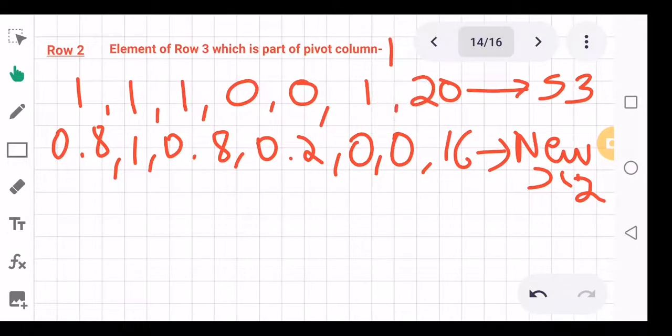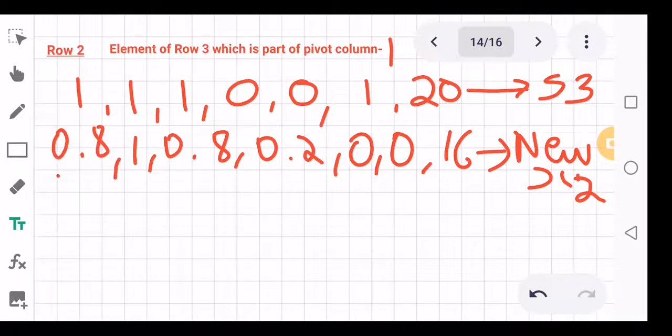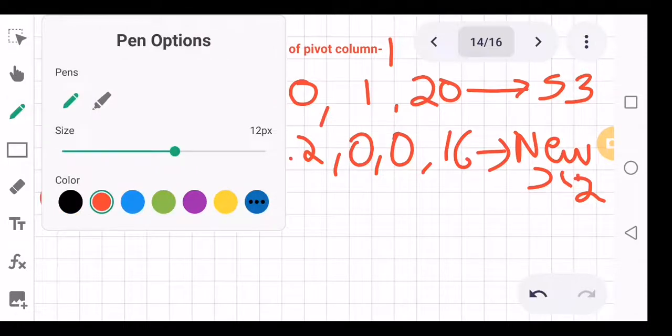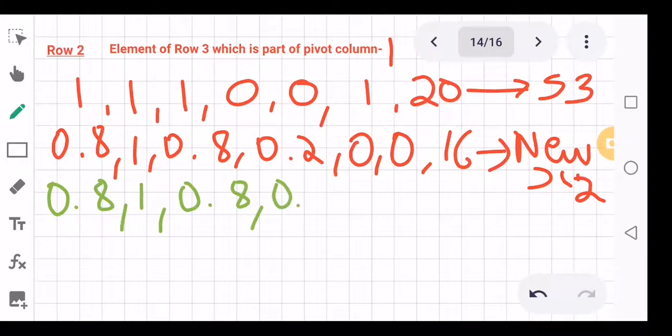So you will be getting the same numbers: 0.8 into 1, 0.8; 1 into 1, 1; 0.8 into 1 is 0.8; 0.2 into 1, 0.2; 0 into 1, 0; 0 into 1, 0; 16 into 1, 16.